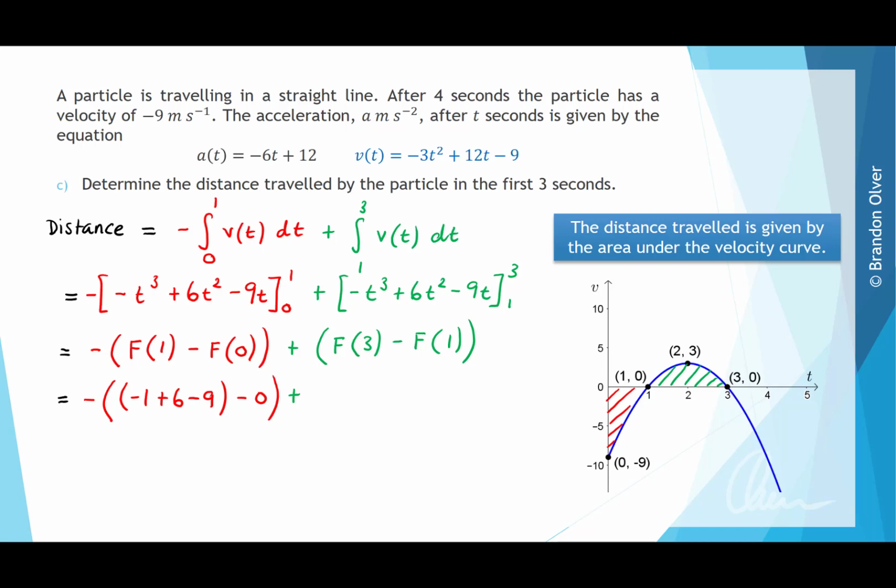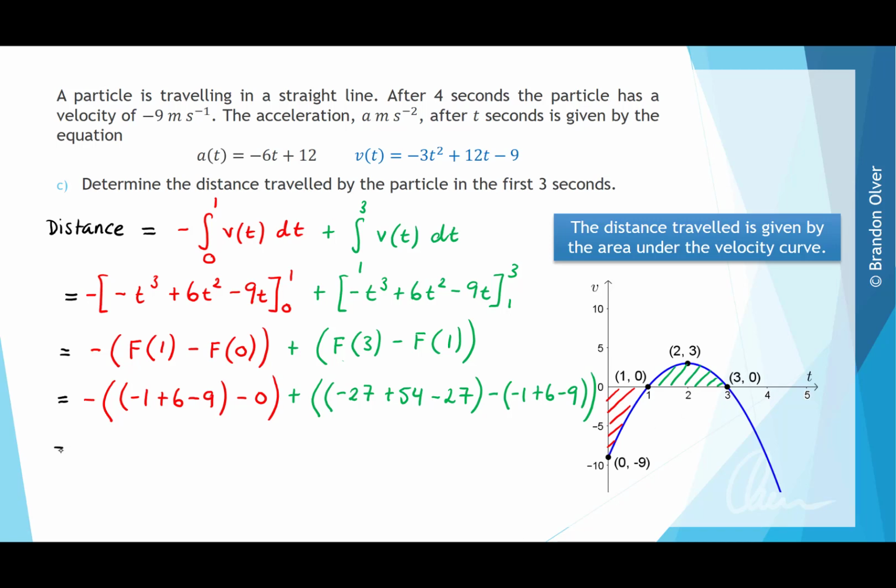Then we add on to that the part in green, so we're going to have capital F, the antiderivative evaluated at 3 first. If we put 3 into there we get minus 27, then plus 6 times 9, which is plus 54, and then minus 9 times 3, which is minus 27, and then we subtract away F evaluated at 1, which we found before was negative 1 plus 6 minus 9. So that is the area under the curve for the negative and positive regions of area.